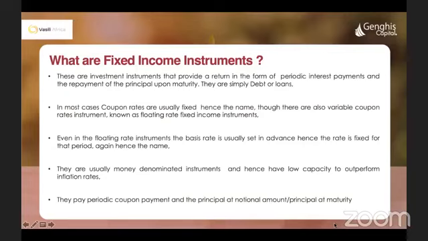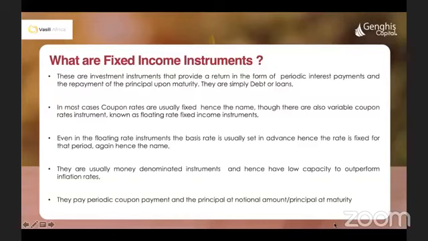And with these floating, variable coupon rate instruments, the coupon rate is also set in advance. Which means for a given period of time, the coupon rate is still fixed. You know what you are going to earn for a specific period of time.